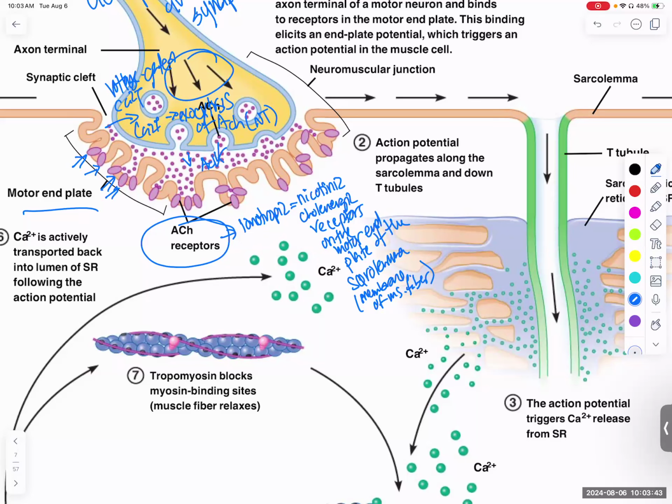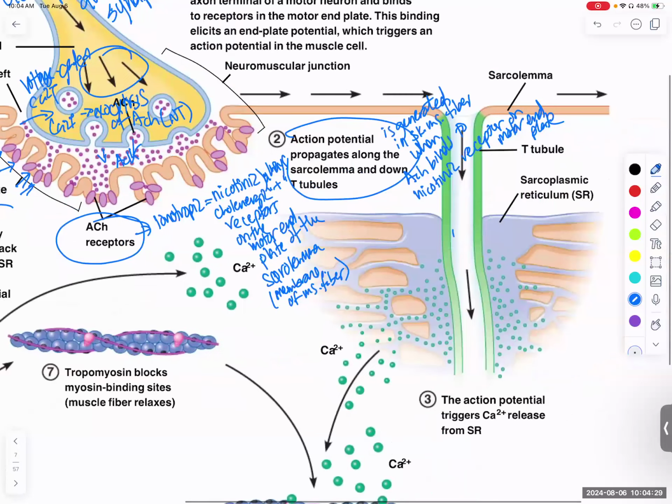It's highly folded and has a lot of receptors, and acetylcholine is going to bind, and it's always excitatory. Therefore, it's going to generate an action potential in the skeletal muscle fiber. So an action potential is generated in the skeletal muscle fiber when acetylcholine binds to the nicotinic receptor on the motor end plate.